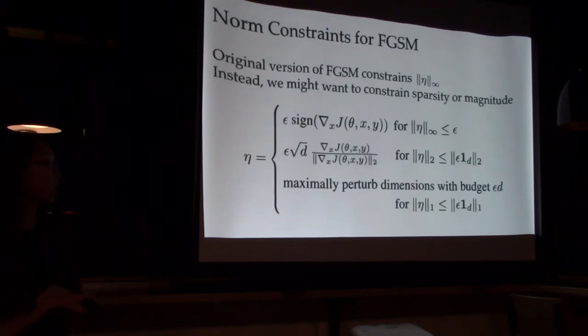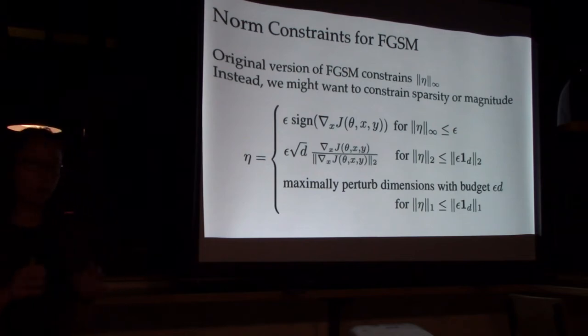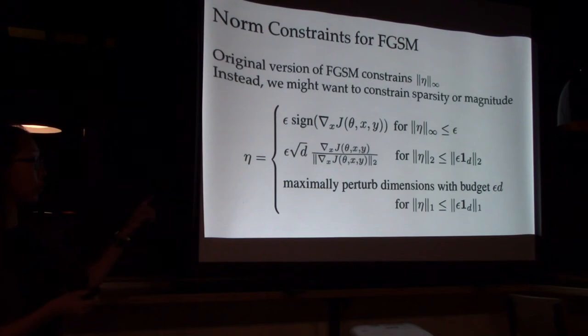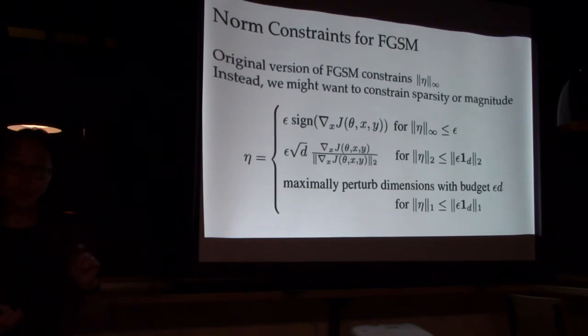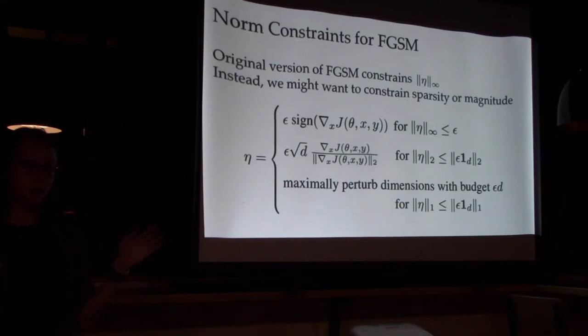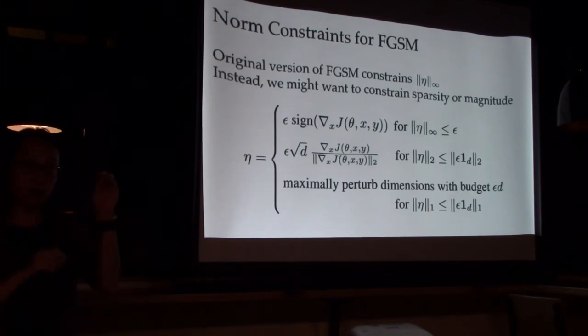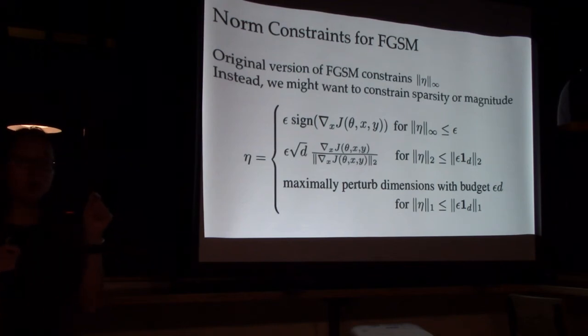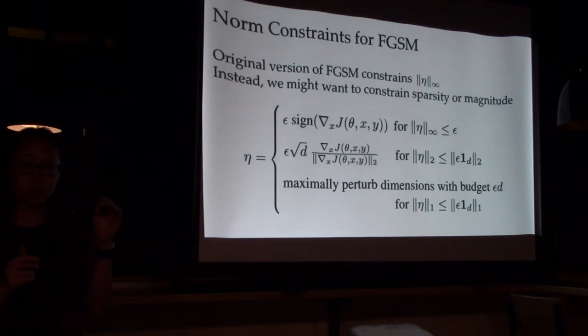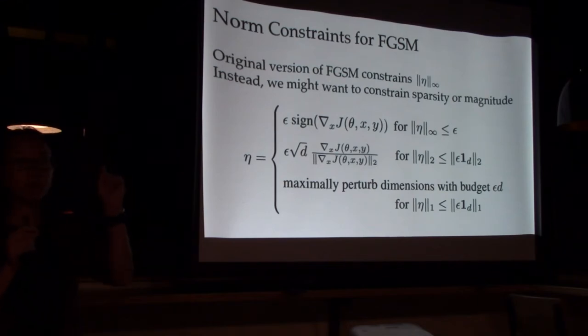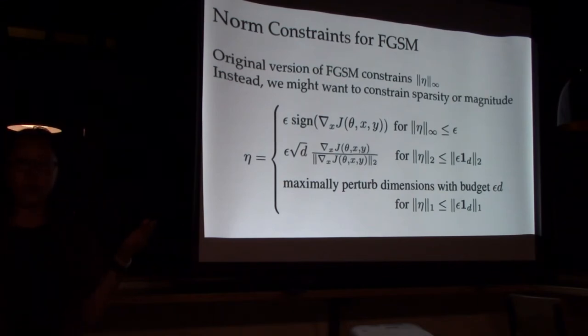Something else that we do in this work is we look at some different ways of constraining the perturbation. In particular, I think the L1 norm is especially interesting in terms of constraining sparsity, because if you remember the image of the stop sign with the stickers stuck on it, that was a very sparse perturbation, because you're changing a few pixels in the scene by a large amount, instead of changing every pixel by a tiny amount, which is what the L infinity norm does.